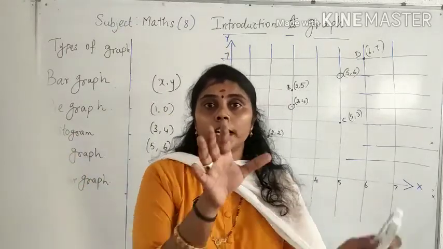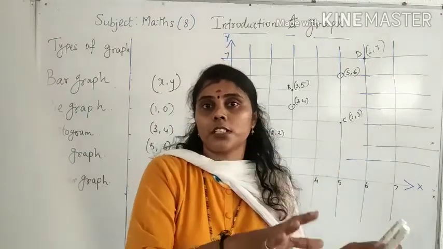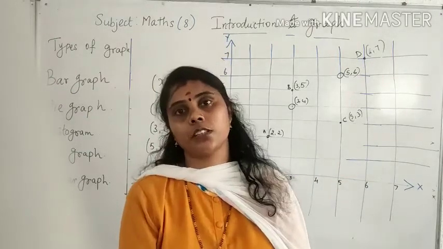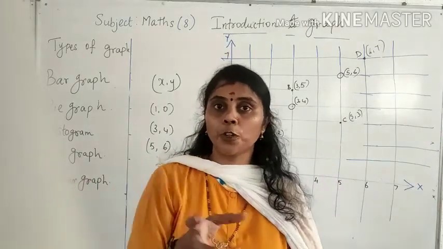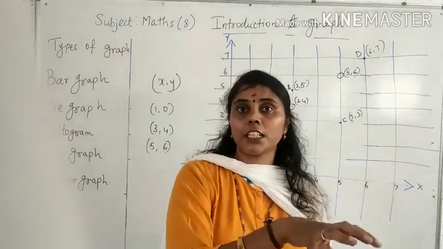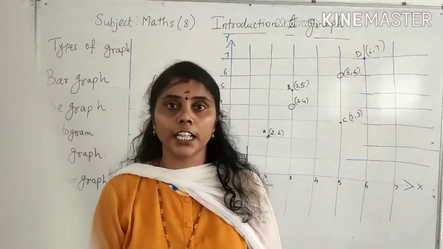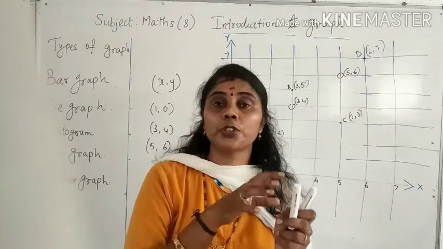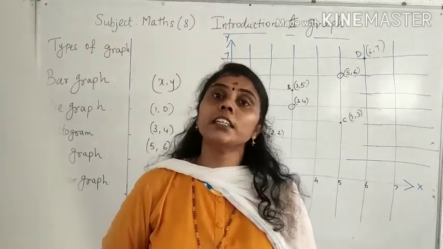Depending on the savings, interest will increase. If the saving is less, interest is also less. If the saving is more, interest is also more. So this interest depends on the savings. So one variable depends on another one, and it controls the variable also: the independent variable and the dependent variable.